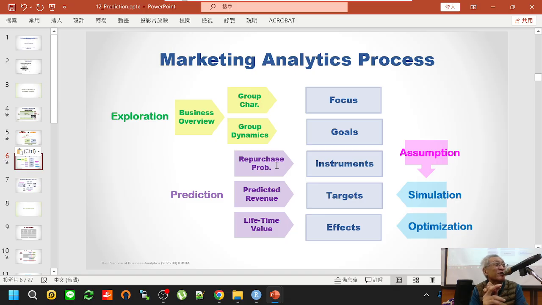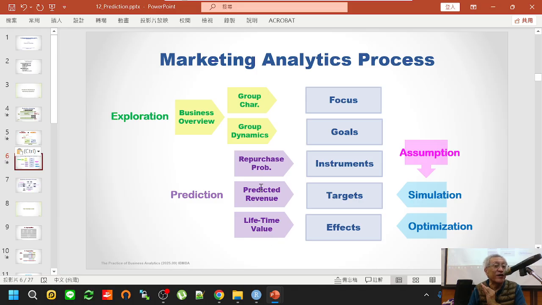So for every individual customer, we can predict the probability of buying in the next month. And the second thing we predict is, if the customer buys, how much revenue we will get from this customer. So we want to know the predicted revenue. Again, this is for every individual customer. So for every individual customer, we know their probability of buying and their expected revenue contribution.